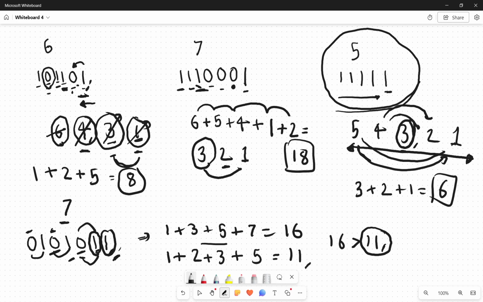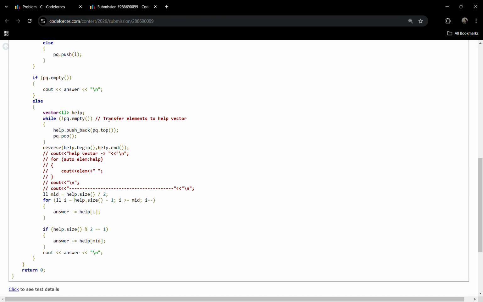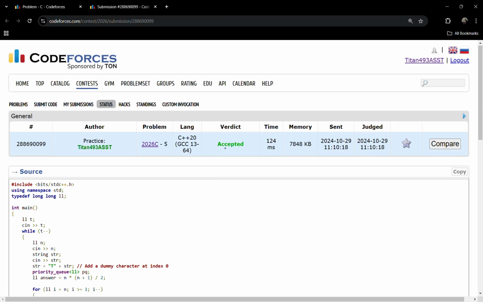So this is what the implementation does. If help dot size is not divisible by 2, then answer plus equal to help of mid, and that is it. So finally outputting the answer, this nicely passes the given time limit and memory limit as well.